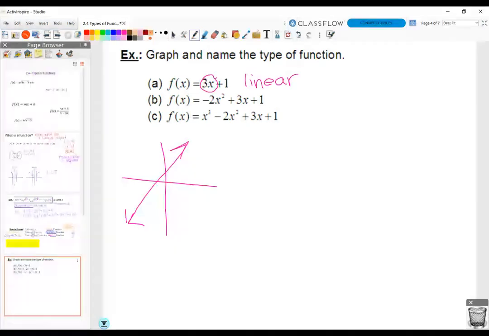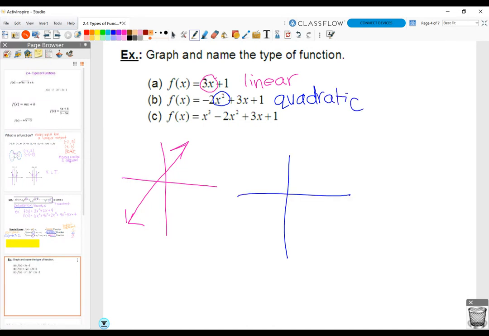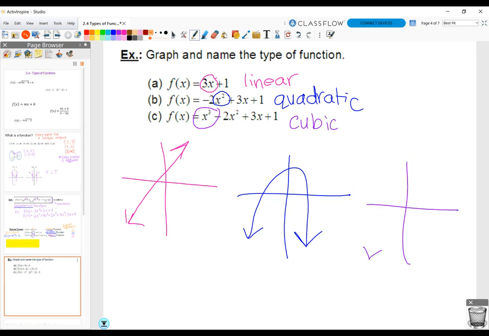Linear functions get their name because they are straight lines. Letter B, my highest exponent is a 2, so this is a quadratic function. A quick sketch might look like this, a parabola. And last but not least, I have x to the 3rd. That's my highest exponent, so it's a cubic function. I call it the Elvis hands, and it looks like this.